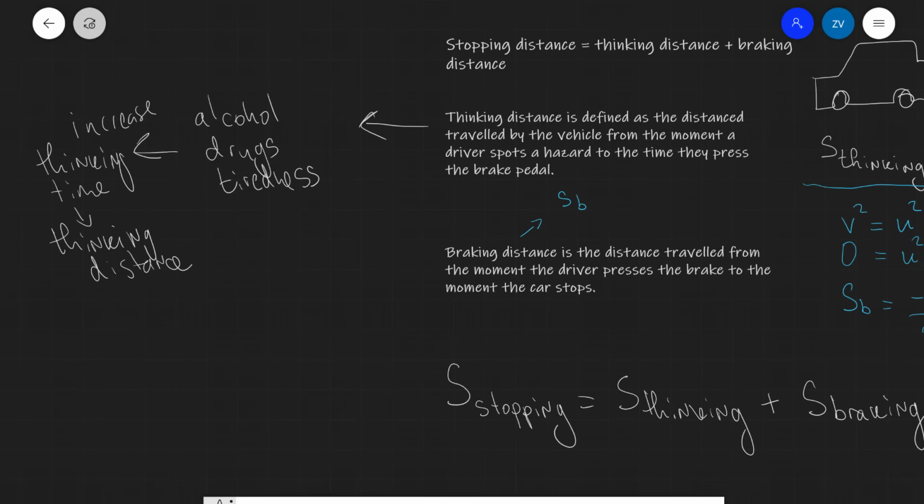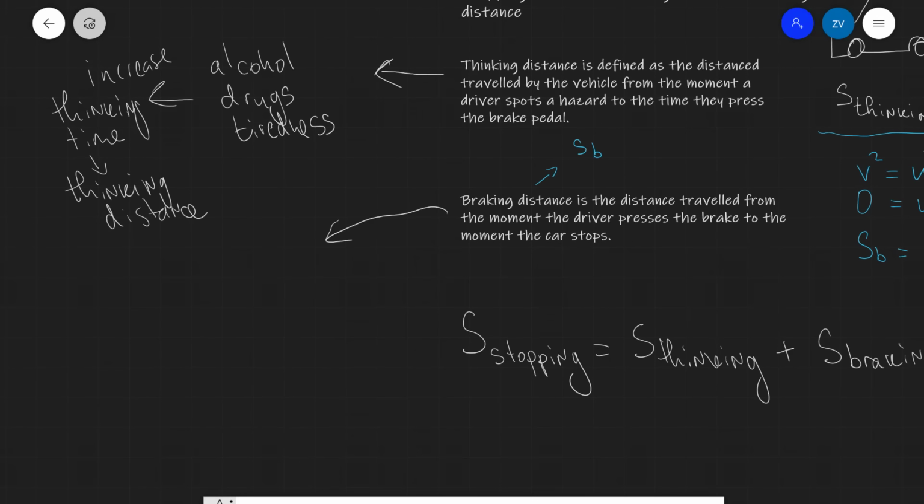Now, the braking distance will be all about the actual value of the acceleration that your car or your road can provide you. So this will be dependent on the conditions of the tires, for instance.